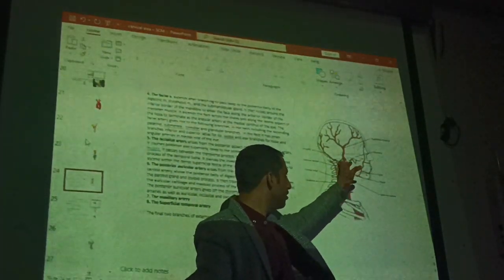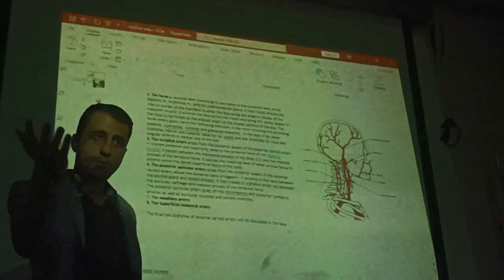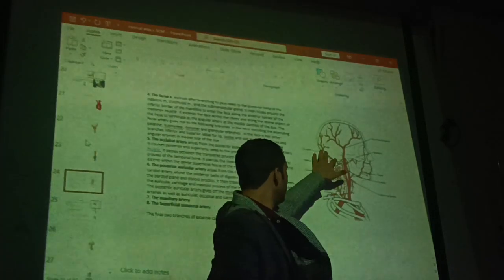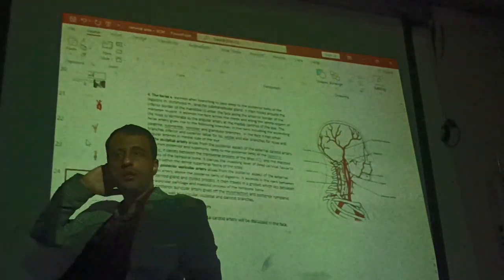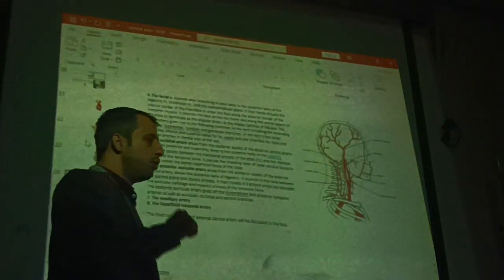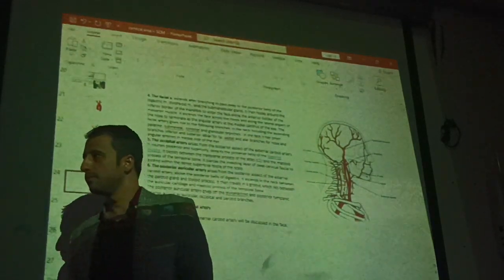There, it is located in the occipital groove, and then arrives at the occipital area to supply the scalp of the occipital area of the head.